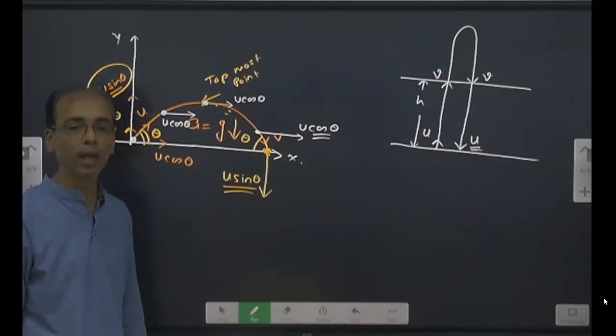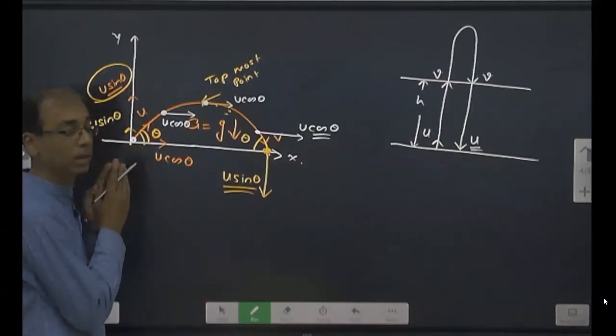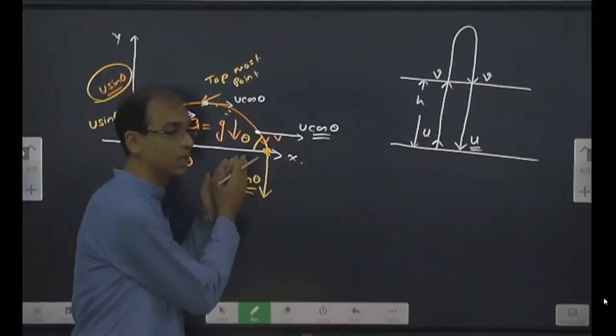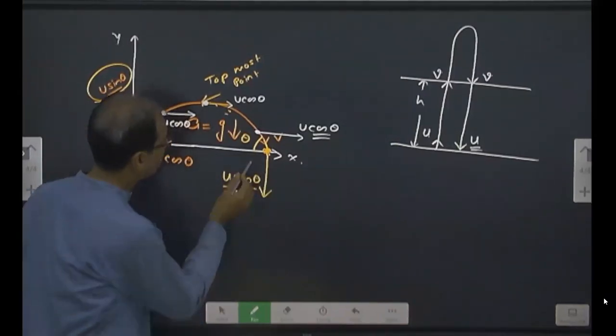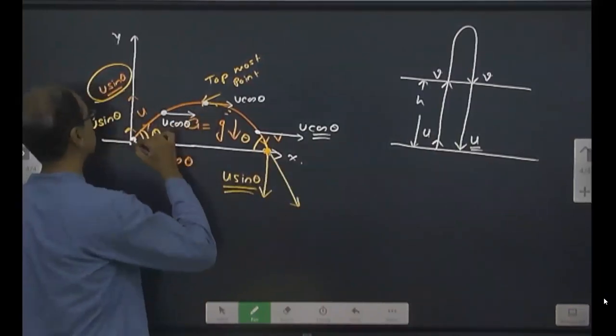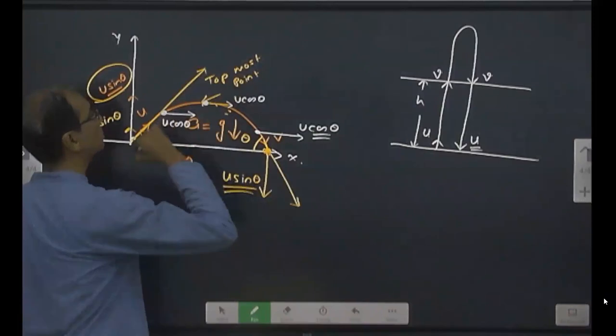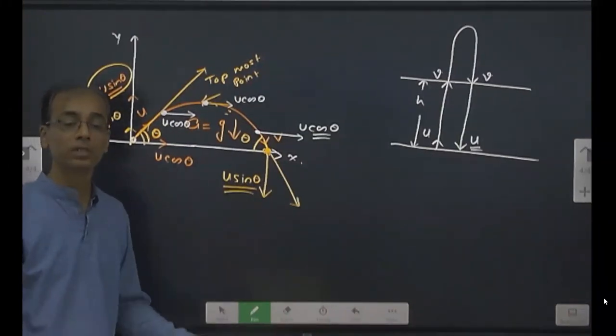Both are the same. Why? Because whatever is the velocity here, exactly the same velocity is here, only the direction is different. Here, velocity's direction is this. Here, velocity's direction is this. That is the difference. But magnitude is the same.